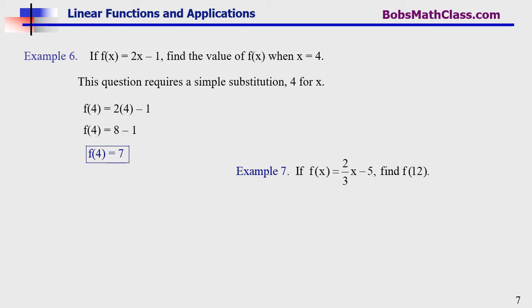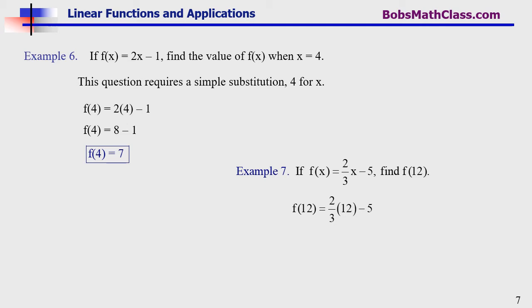Okay, this one, number 7, is a more condensed way of writing the problem. F of x equals 2/3 x minus 5. Find f of 12. So what that is saying is to replace x with 12. Okay, so 2/3 times 12 minus 5.